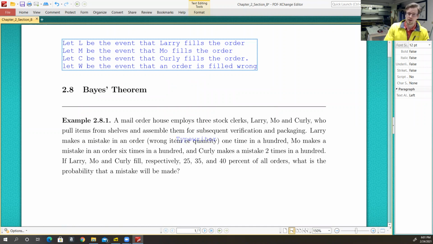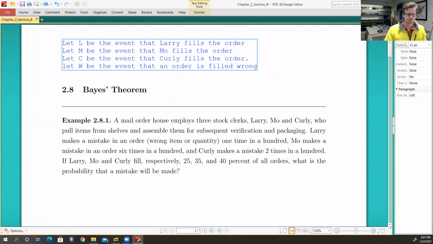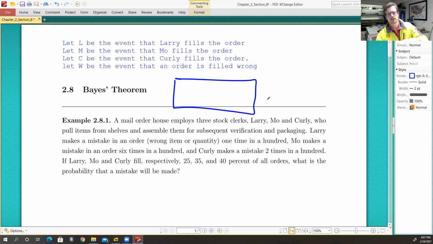So how can we have a mistake in an order? Well, wrong item or wrong quantity. So Amazon ships you the wrong item, or they send you 1 instead of 2, or 5 instead of 3. It happens. All right. So what we want to think of it as, if we want to draw a Venn diagram, and let's let this Venn diagram be, right, this is all orders that are being filled.